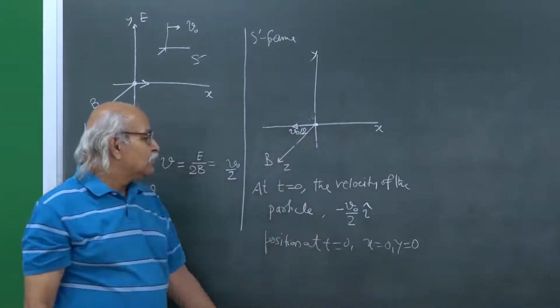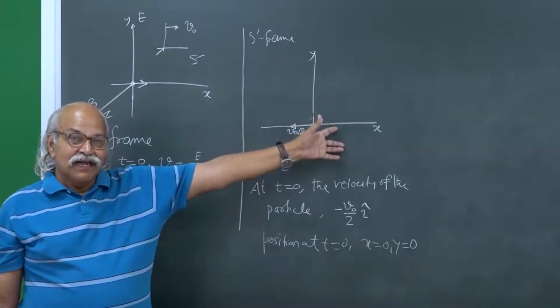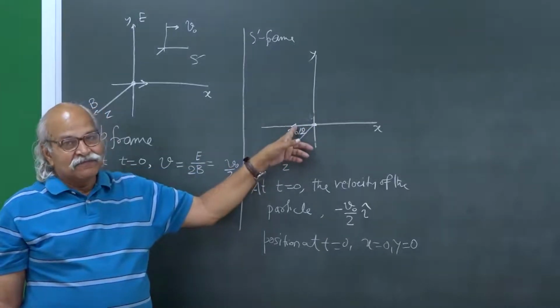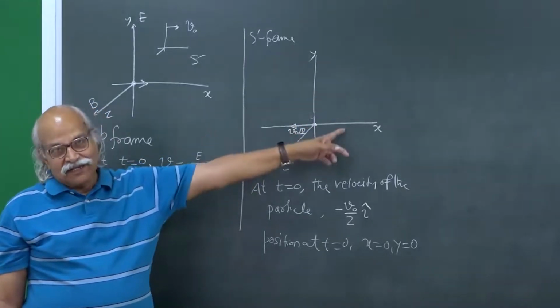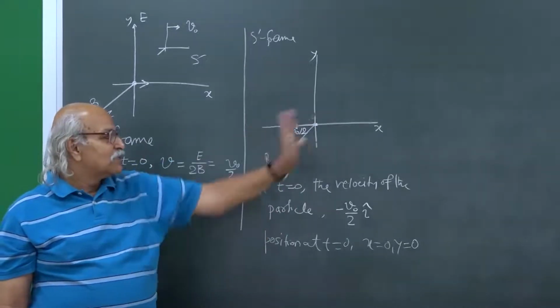So, what is the scenario? You do not have any electric field, you only have magnetic field, and that is in z direction, and the initial velocity is perpendicular to that, and therefore, it will go in a circular path perpendicular to the magnetic field, that means in xy plane.